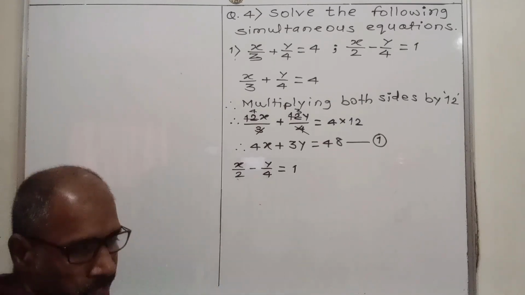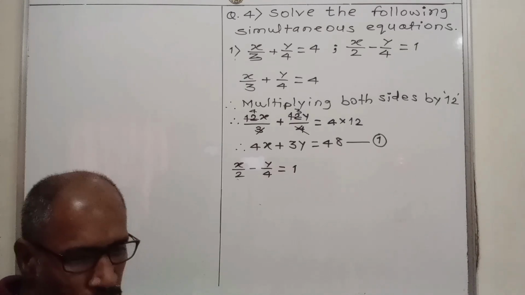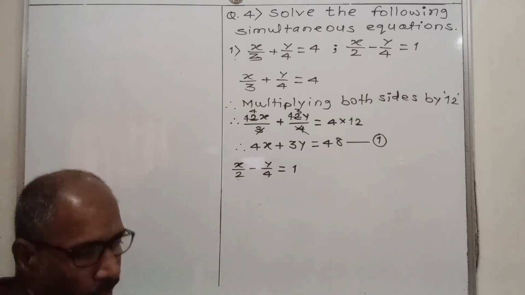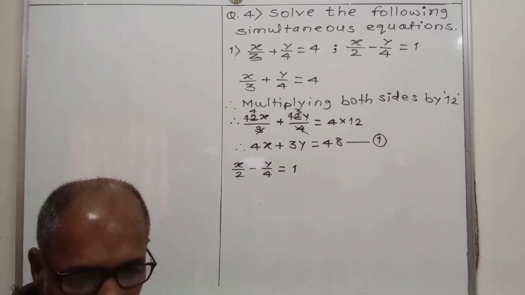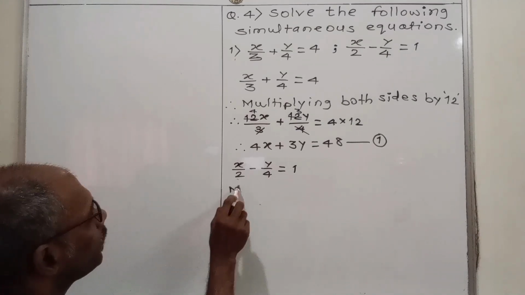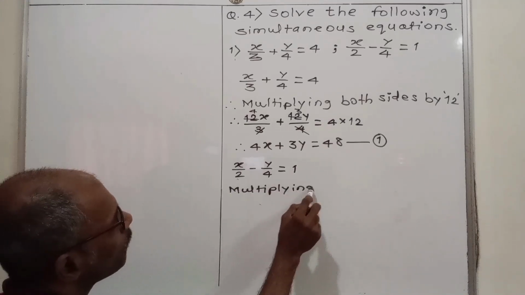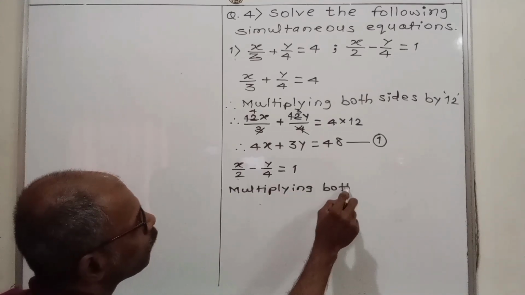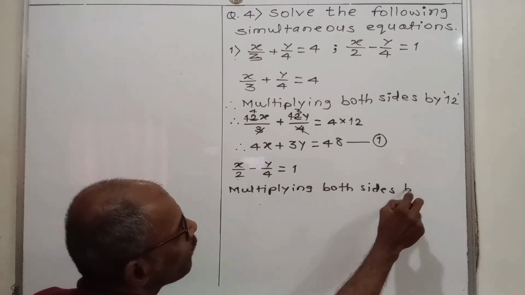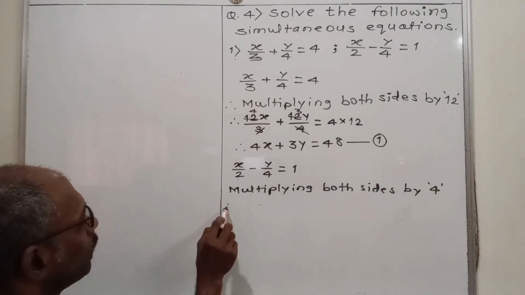Now what is the LCM of denominators 2 and 4? That should be the smallest number divisible by 2 and 4. Multiplying both sides by 4.